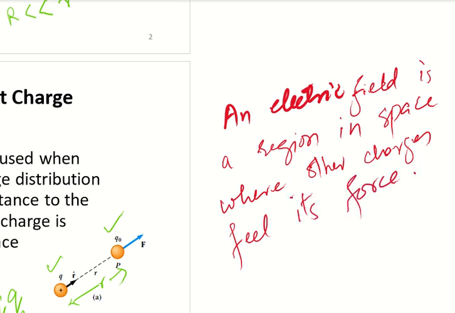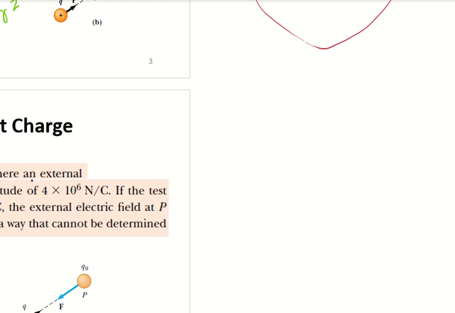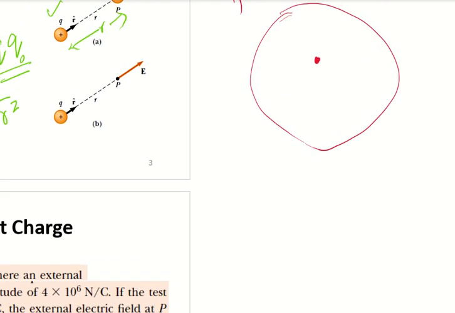So if we have a charge here, there will be a certain space around this charge, like a circular space, where this charge will exert force. Inside this region, there would be some force proportional to 1 over r squared, and as soon as charges go beyond this area, there will be no force.